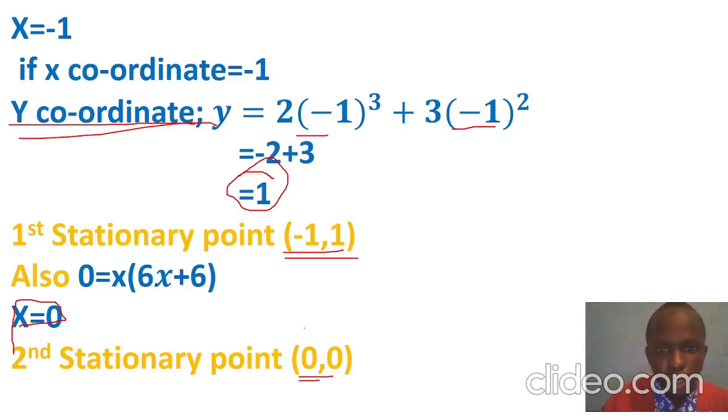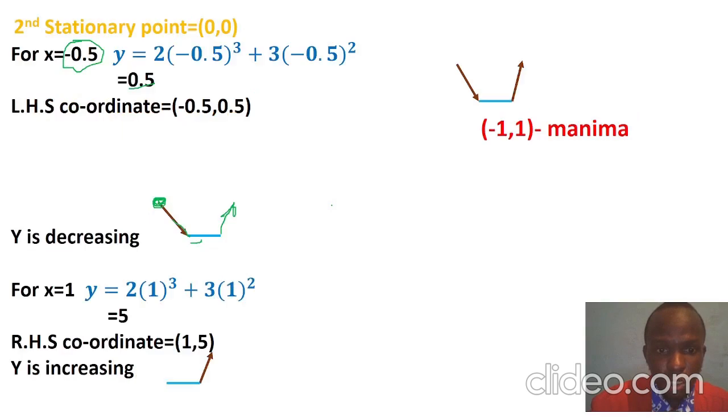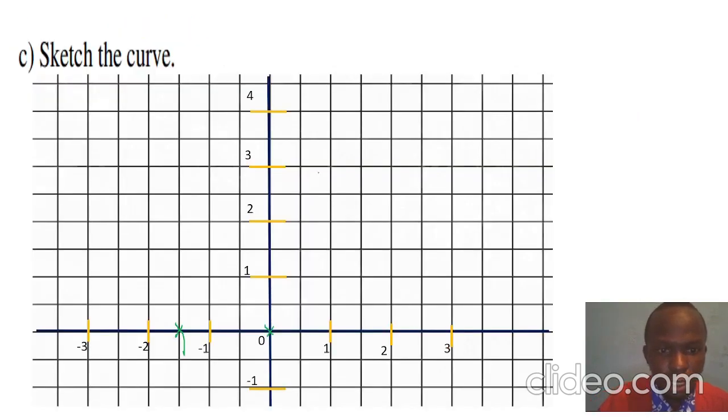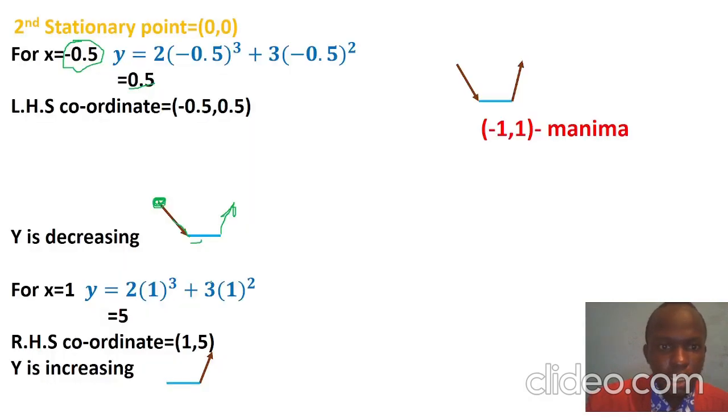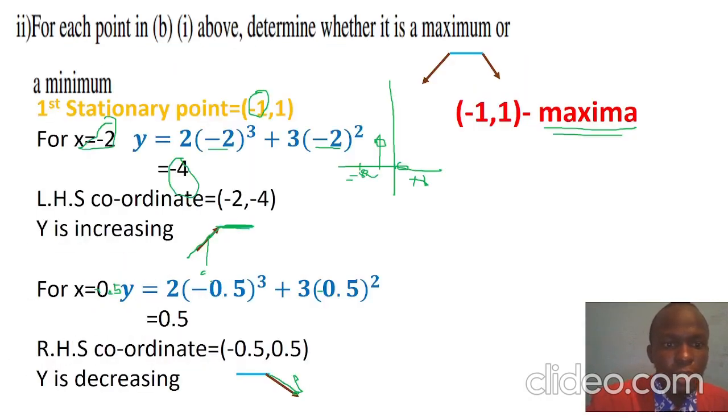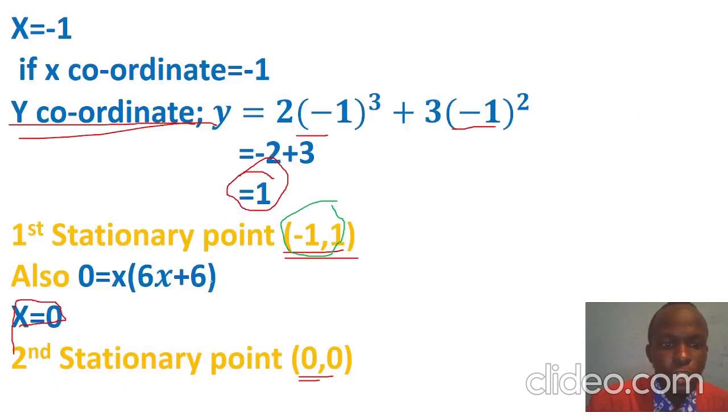The first stationary point is minus 1, 1. So let us look at minus 1, 1, where it is. Minus 1 and 1, here it is. The next stationary point is 0, 0.